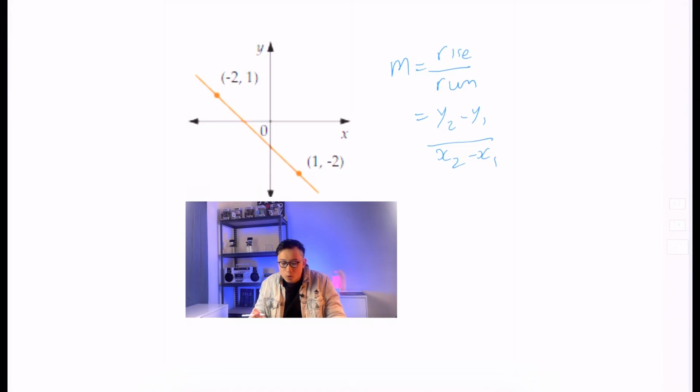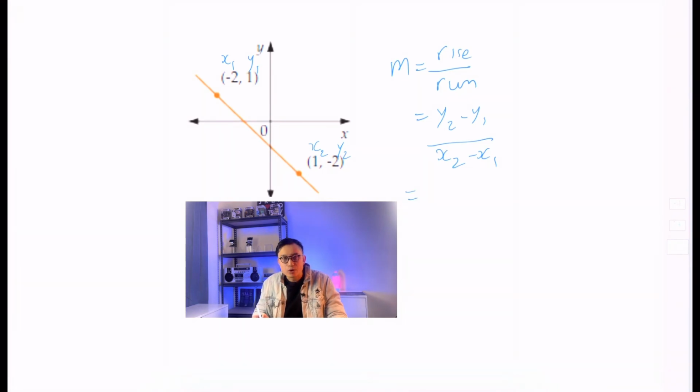So for me, I always choose the point that I see on the left side as my first point. So x1 will be -2 in this case, and y1 will be 1. And what's going to be the x2 value? Well, it's going to be 1, and your y2 value is -2.